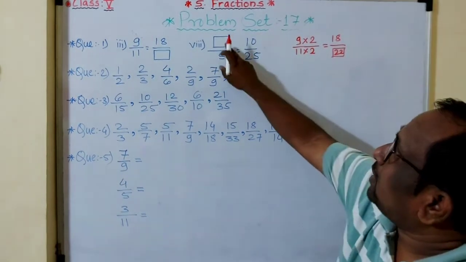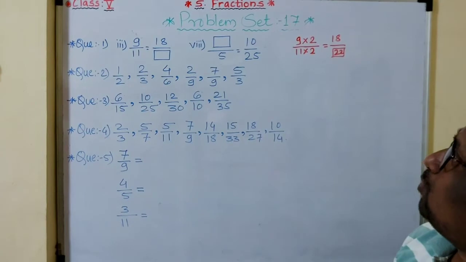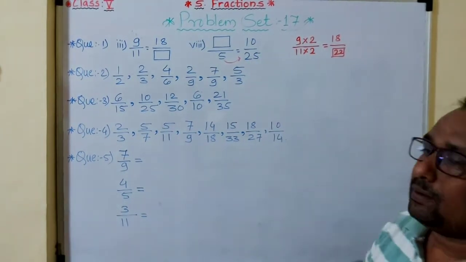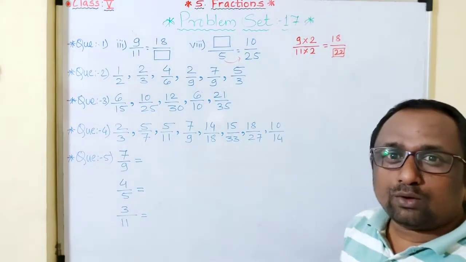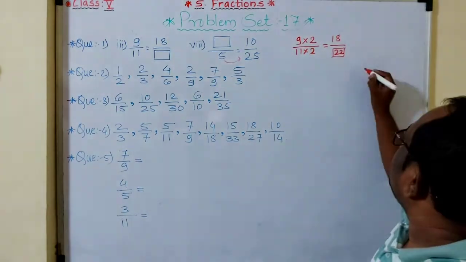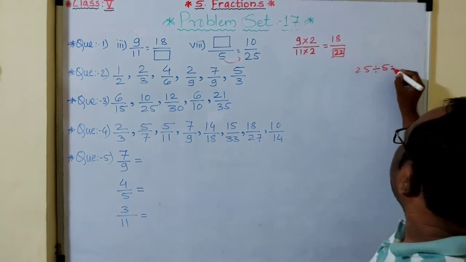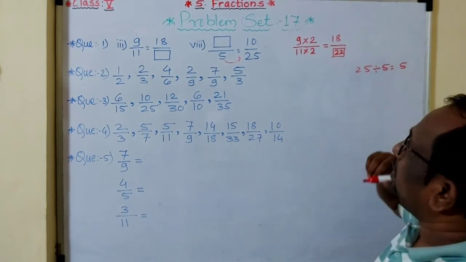Here we have to find the value of this box. So now what is the relation between 5 and 25? If we divide 25 by 5, then 5 5s are 25.